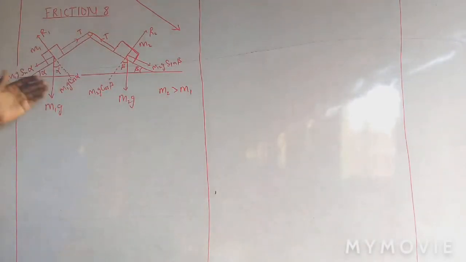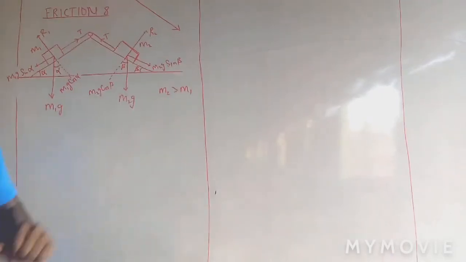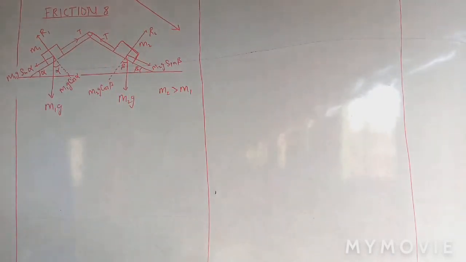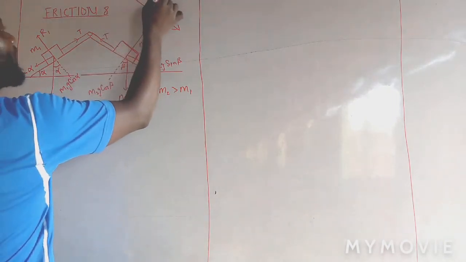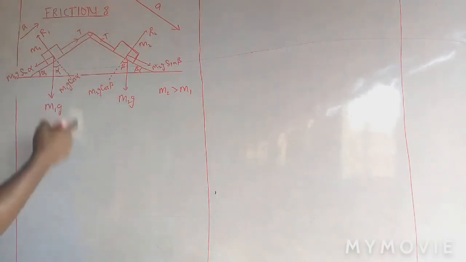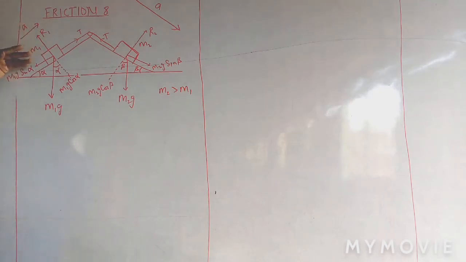The two bodies should accelerate this way because m2 is greater than m1. This is the direction of acceleration here.